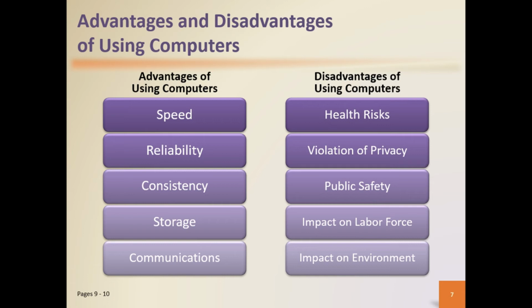And also without the internet, we don't have that much speed in terms of giving information. And of course, without also the internet, we don't have this reliability in terms of, again, communication. So all of this talks about the advantages of using computers and the internet.